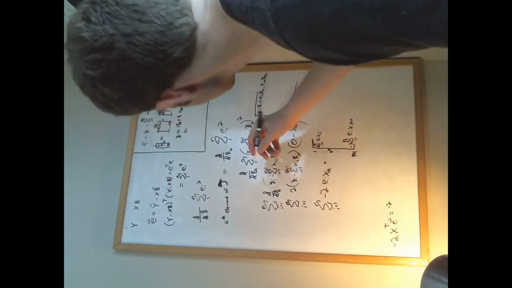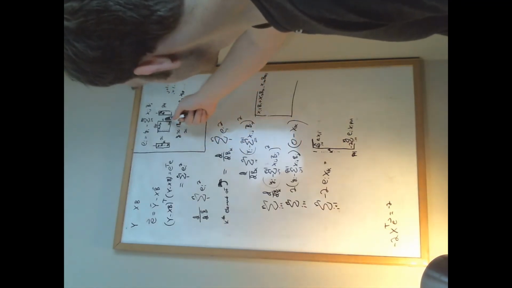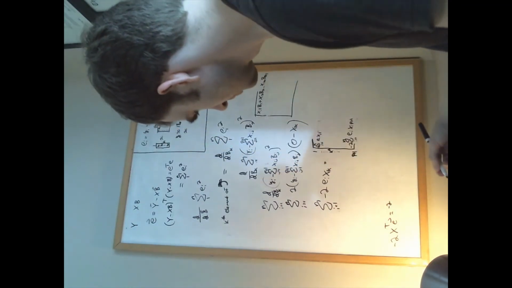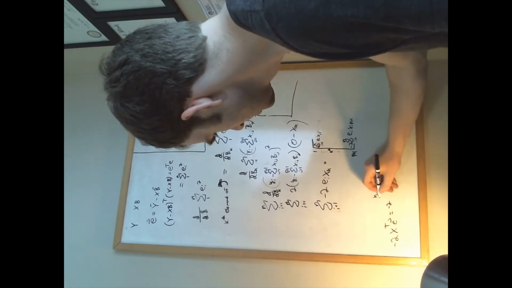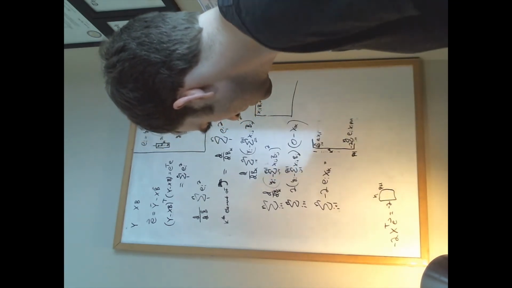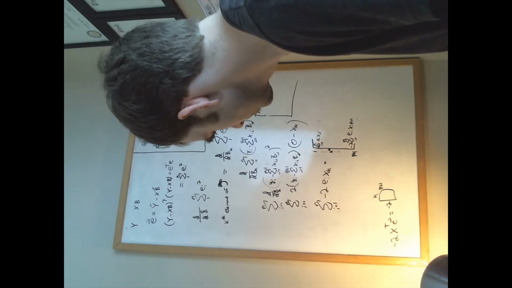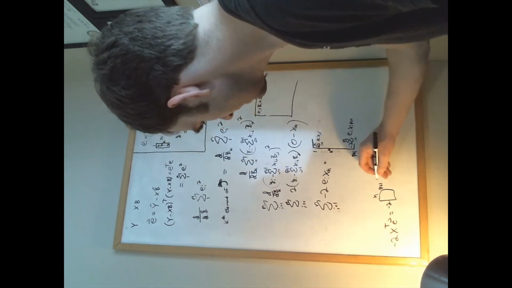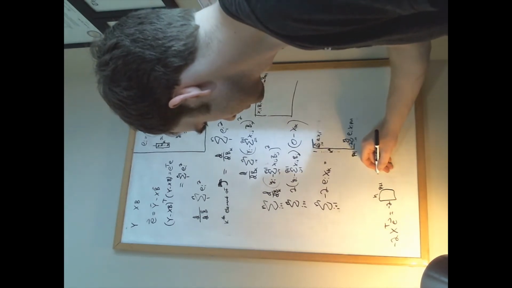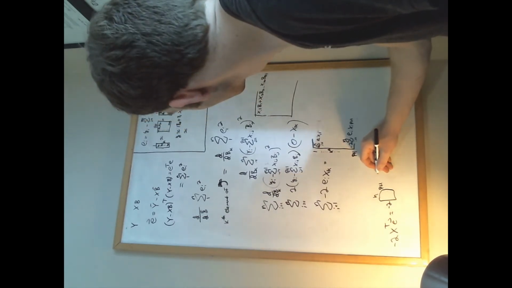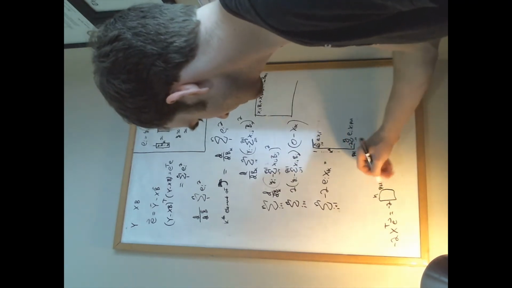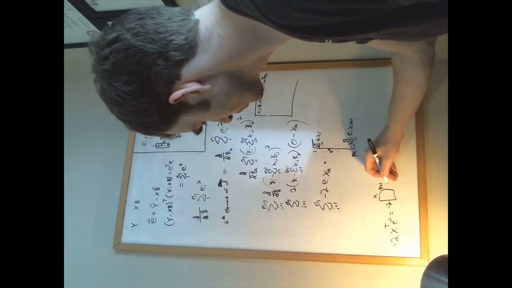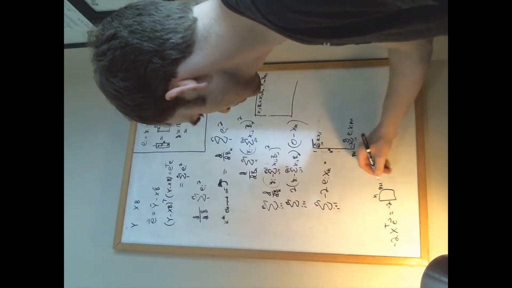X transpose is going to be a p plus 1 by n. I'm writing my rows on the right side, which is dangerous.